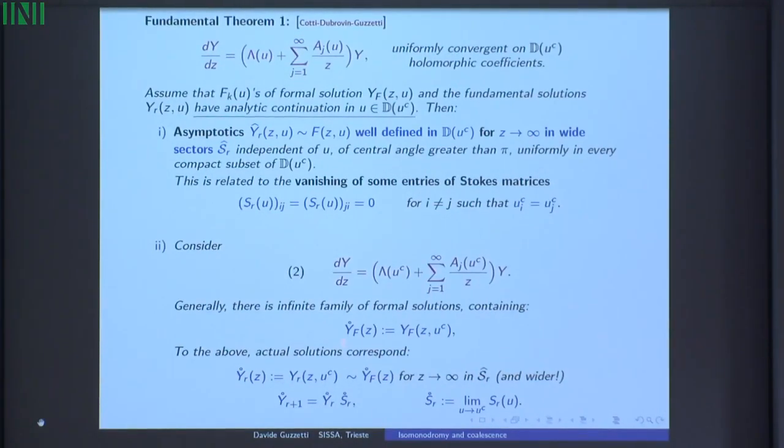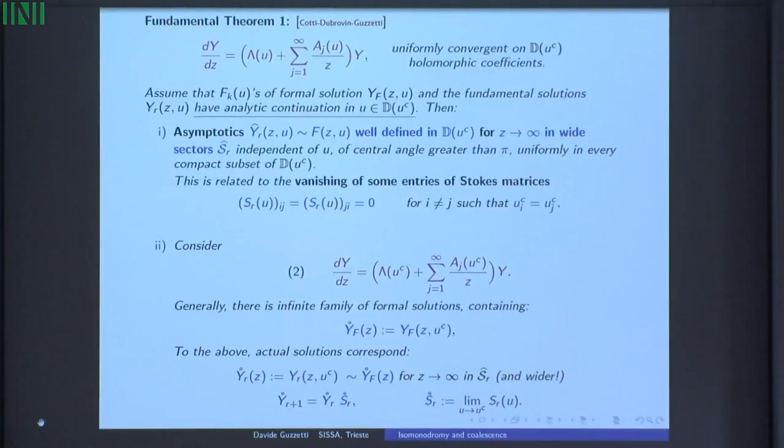To this formal solution there are actual solutions corresponding, and they are actual solutions of the original system evaluated at the coalescence point. And the Stokes matrices of the system evaluated at the coalescence point are just the limit of the Stokes matrices away from the coalescence point.